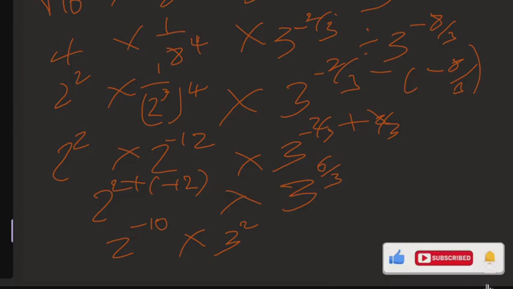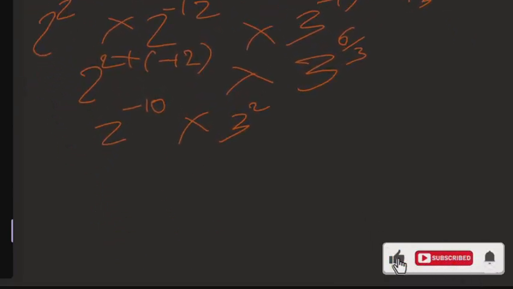So that's it. We are basically almost done. So we could just go ahead and simplify this. So we have 2 raised to the power of minus 10 times 3 raised to the power of 2, which is 9. Now let's write this in another form.